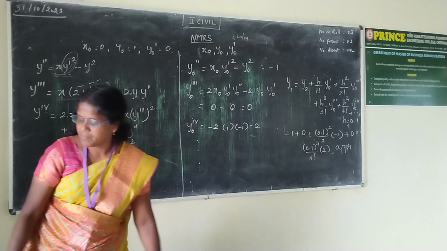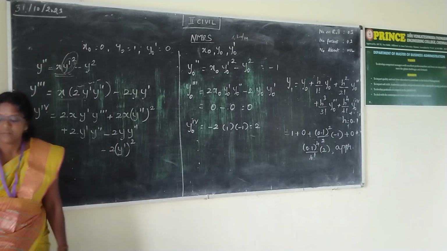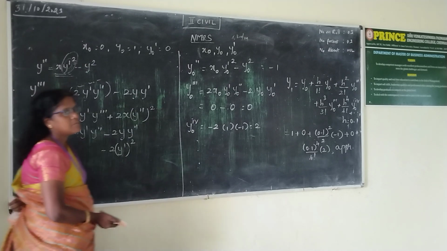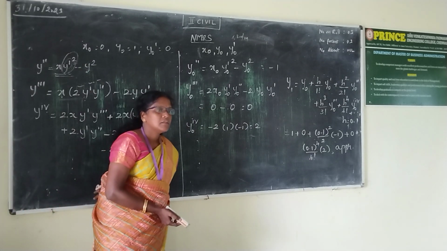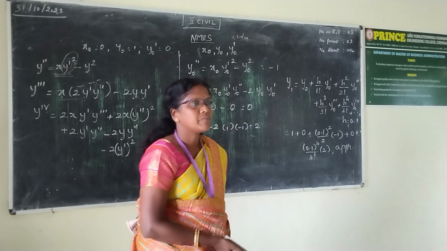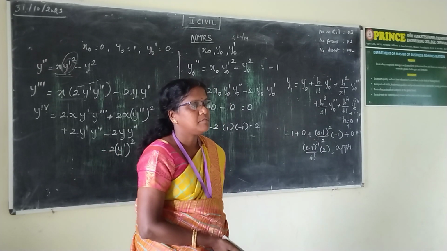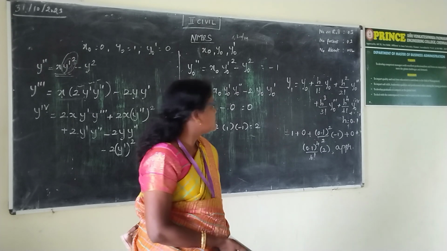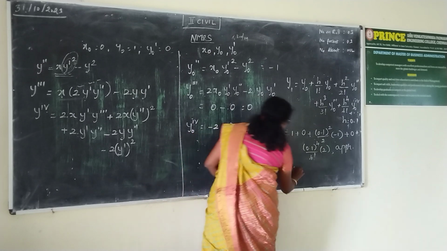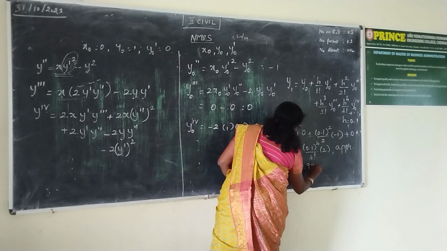What is the answer now? I'm giving you all the steps. So y1 is 0.995.